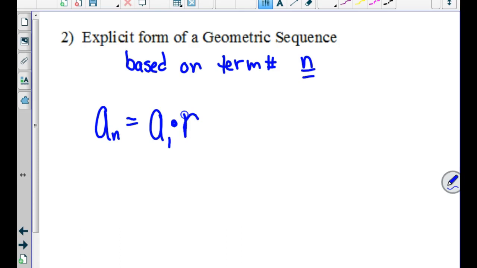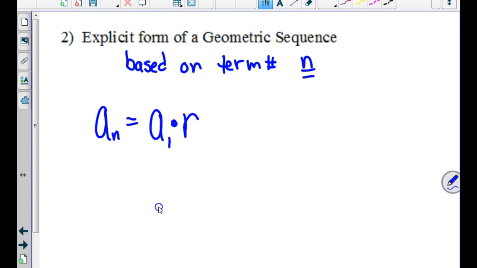r for ratio. Now, when you added, remember you were adding d, n minus 1 times. How do we say we're going to multiply by something n minus 1 times? How do you say you multiply by something 3 times?